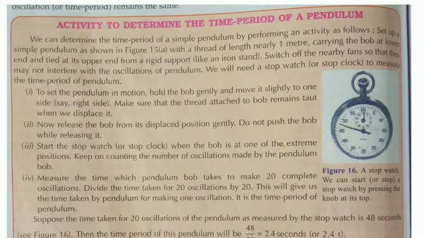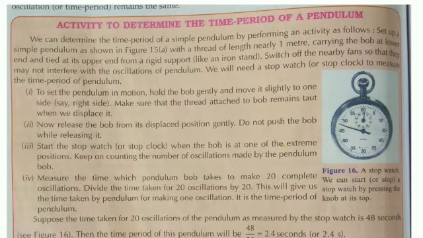Make sure that the thread attached to the bob remains taut when you displace it. Now release the bob from its displaced position gently, means release, छोड़ देना है. Do not push the bob while releasing it.